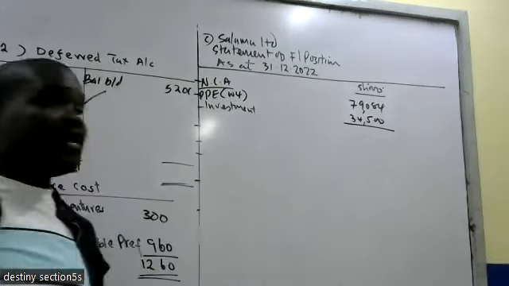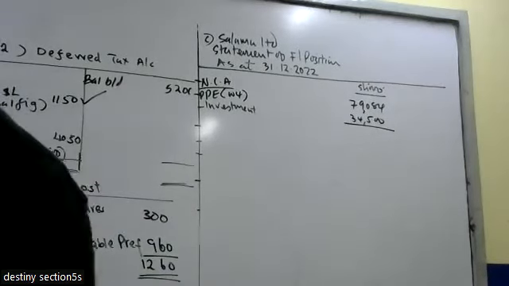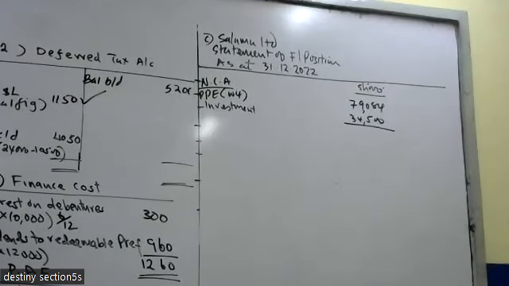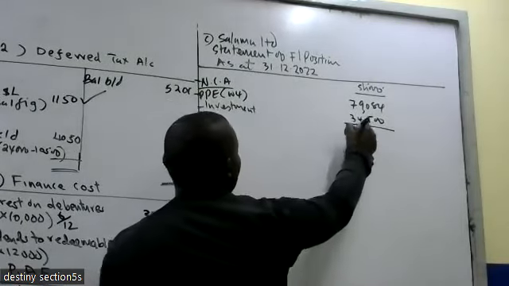Those two, there is no any other non-current. Can you add the two? That only gives you how much? 113,584.